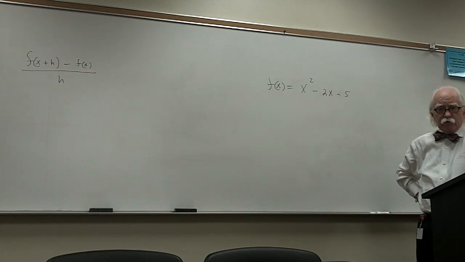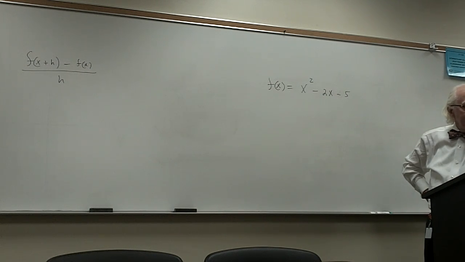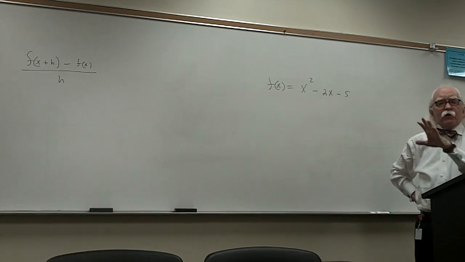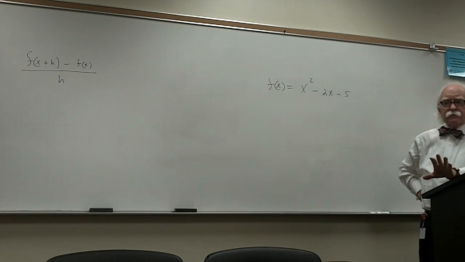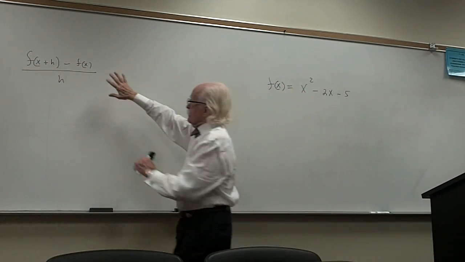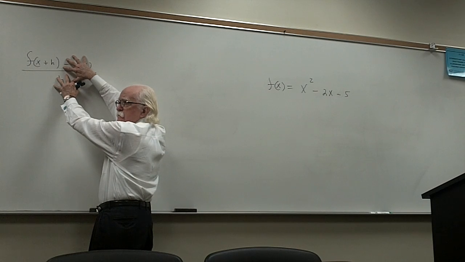Apply that difference quotient to that problem. Let me remind you of what you have to do. First of all, you must do this part right here. See this? You must do that first.